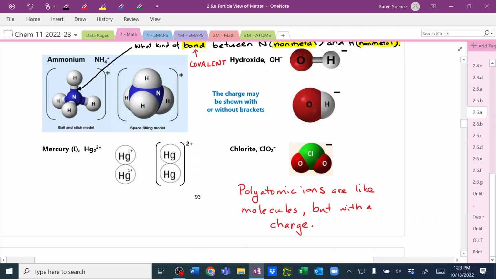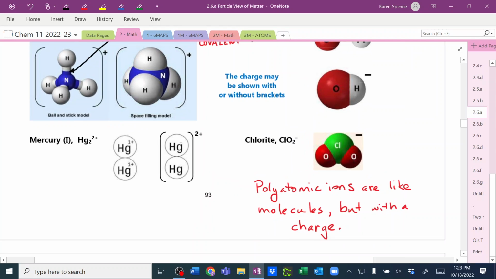Now Mercury insists on being its own weird little self. All of your metals are solids except for who? Mercury. And there's only two polyatomic cations. One is ammonium, and the other one is mercury 1.